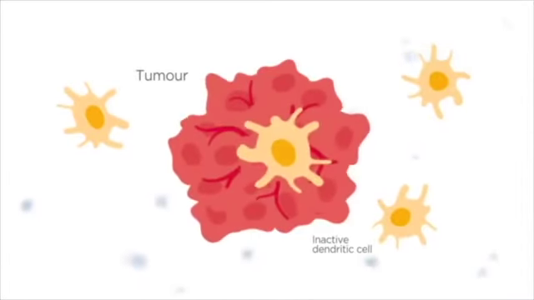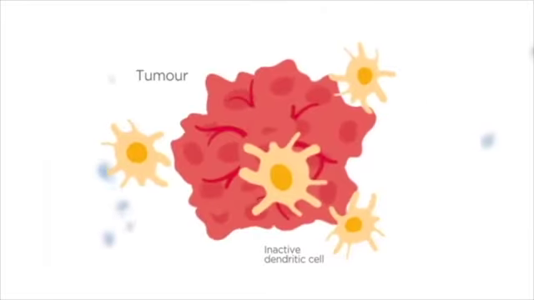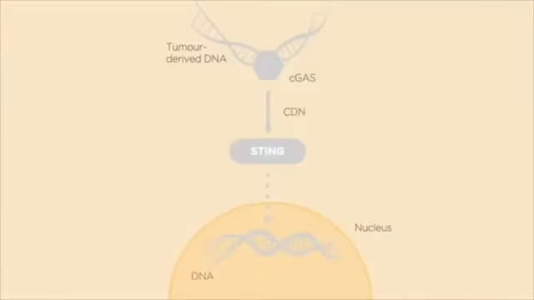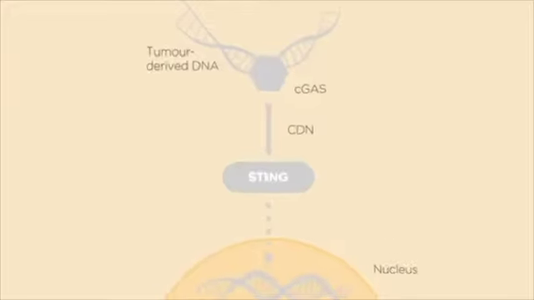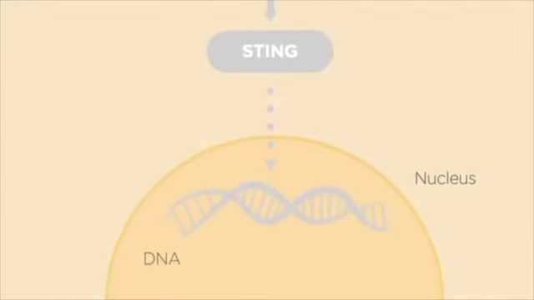Tumors grow unchecked by evading the immune system, even though immune cells are present in the tumor and its surroundings. An agonist targeting the protein called stimulator of interferon genes, or STING, is one strategy that can be used to kickstart the immune system into action.